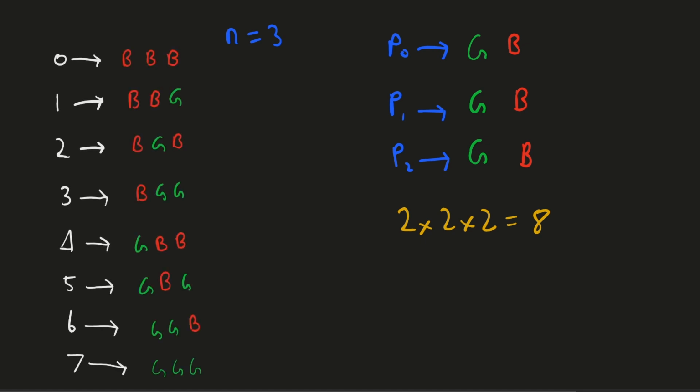Okay, so these are all the 8 possible scenarios where a person can be a good person or a bad person. So this is very similar to a binary representation of a number. For instance, the binary representation of 2 is 0, 1, 0. Hence, for n people, the total number of combinations has to be 2 raised to power n.